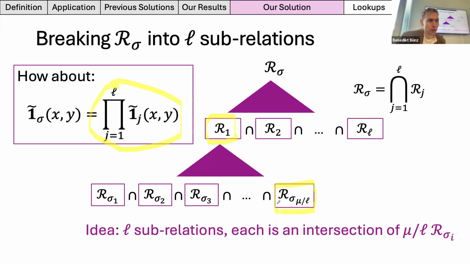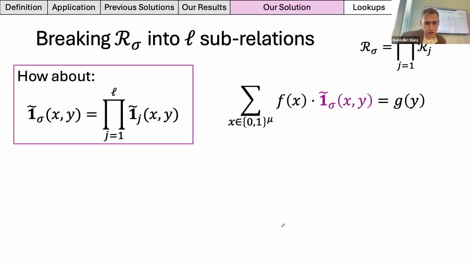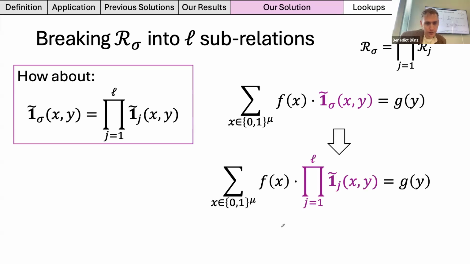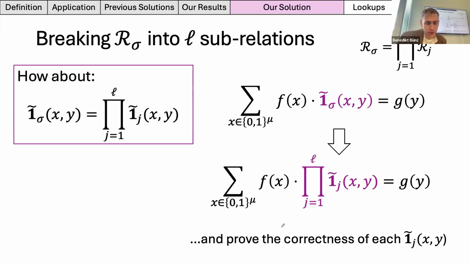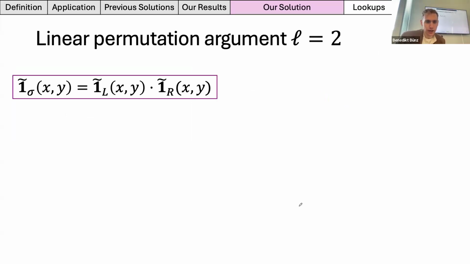And then essentially these two problems become roughly the same. And then I prove the correctness. So I do this essentially as a two-step protocol. You can think of it as a very low depth GKR circuit.